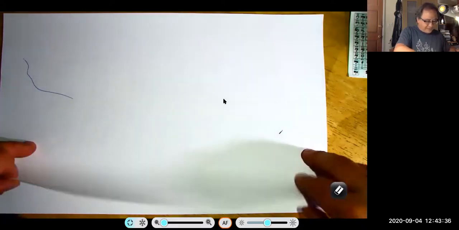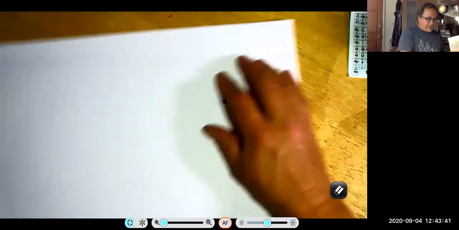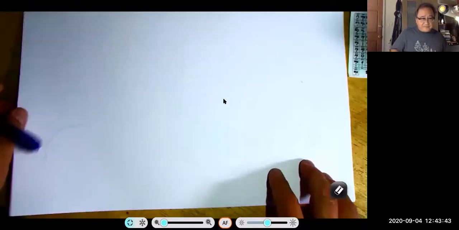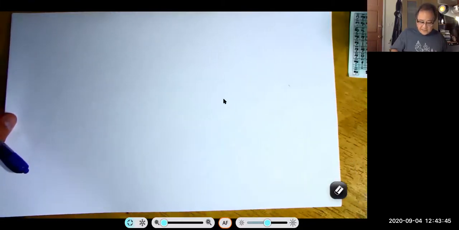So I'm going to flip this piece of paper over so I can use the other side. And let's take a look at this problem.